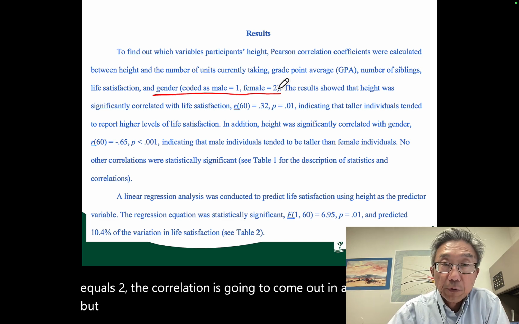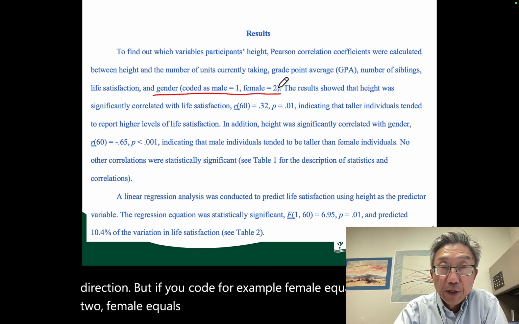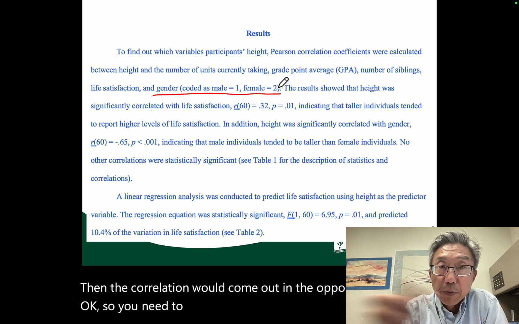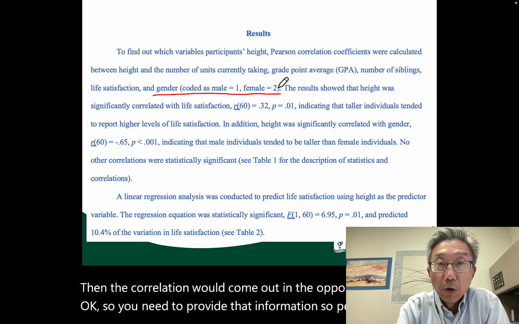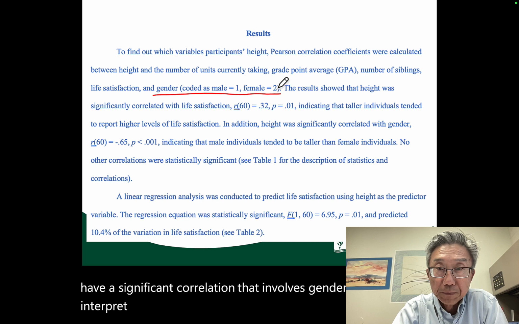But if you code male equals 2, female equals 1, then the correlation would come out in the opposite direction. So you need to provide that information so that if you have a significant correlation that involves gender, people can interpret that correlation properly.